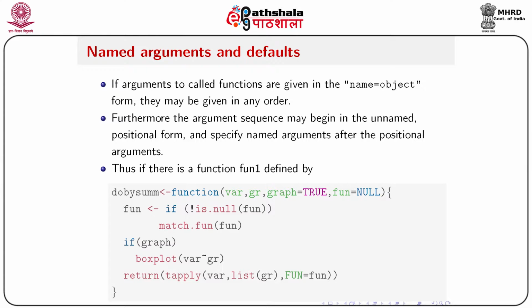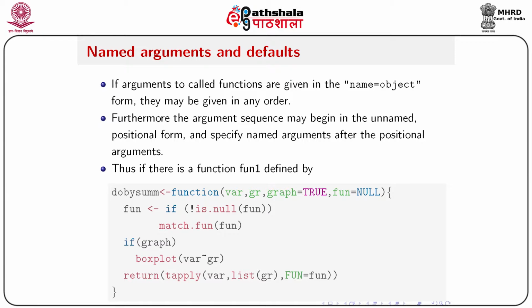Then you have to follow the exact order. So that is one advantage. Always write the arguments in this format to avoid the ordering of the arguments. Further, the argument sequence may begin in the unnamed positional form and specify named arguments after the positional arguments.